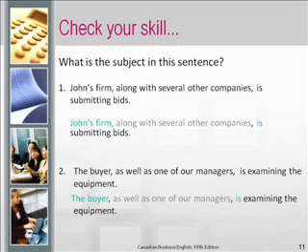The intervening words as well as introduce a subject as well, which is managers, and so if you selected managers to be the subject of the verb is, that would be incorrect. The subject is actually the buyer. So the key thing to do here is to look for those intervening words and to recognize that the subject that belongs with the intervening words is not the subject that belongs with the verb of the sentence.